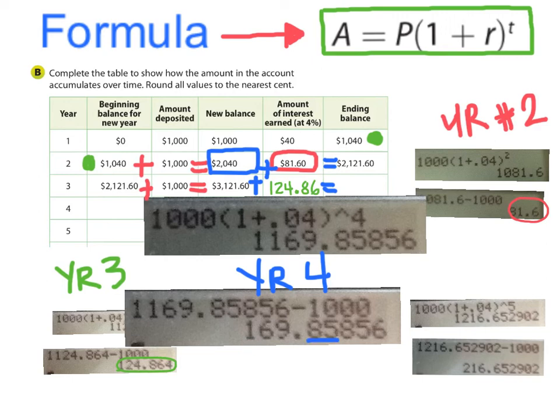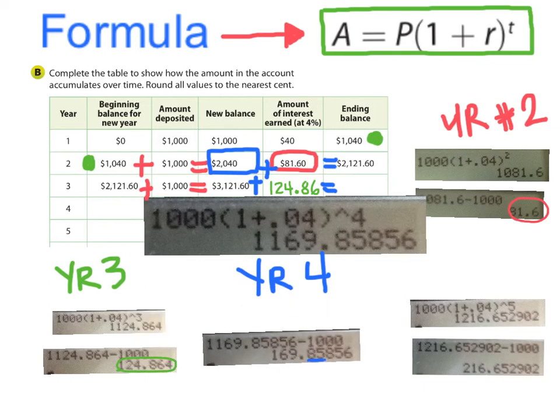Remember, money does not have 5 digits behind the decimal. But I am going to use this third digit to know if I round up to 86 cents or keep it 85 cents. So the third digit is an 8, which is big enough for me to round. So when I write in my interest, I'm going to write $169.86.